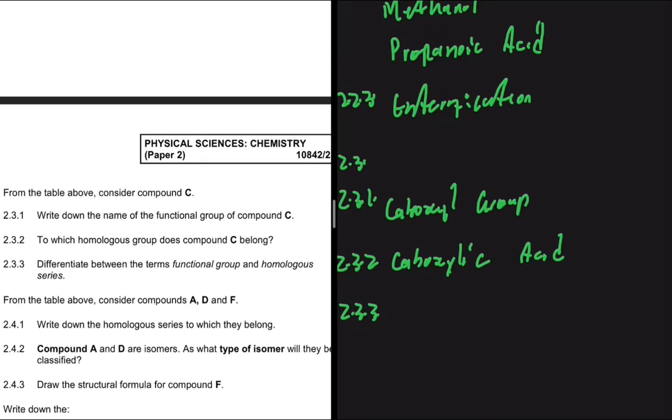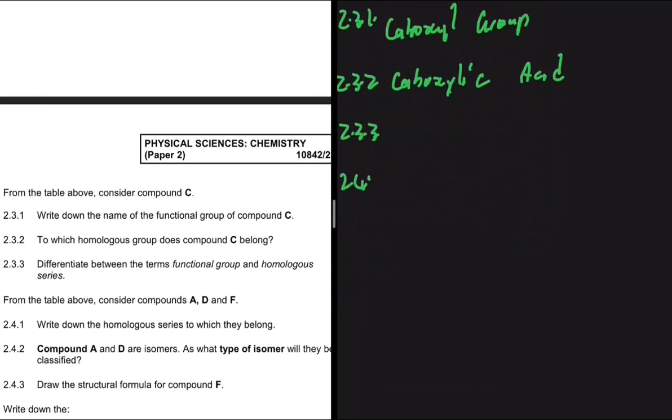So let me just remind you, a homologous series is a series of organic compounds that can be described by the same general formula. While a functional group, on the other hand, is a bond or an atom or a group of atoms that determines the physical and chemical properties of a group of organic compounds. There we go. You just need to define functional group and homologous series for 2.3.3.